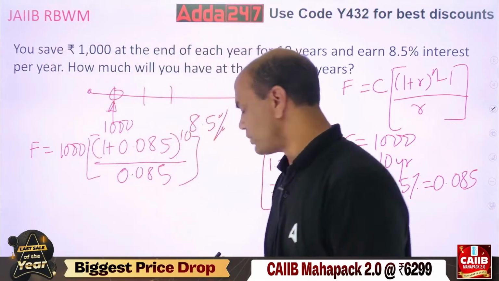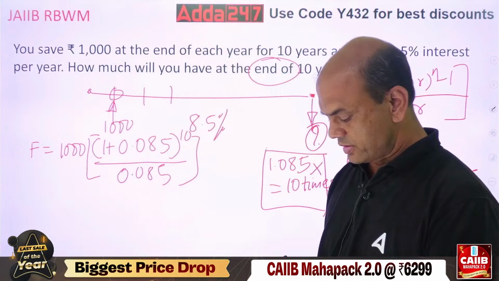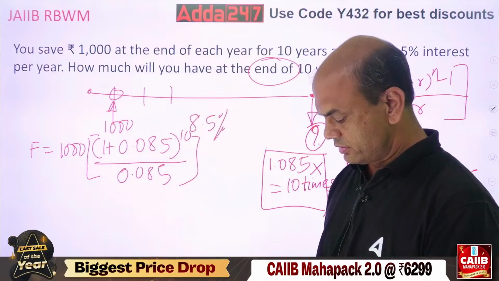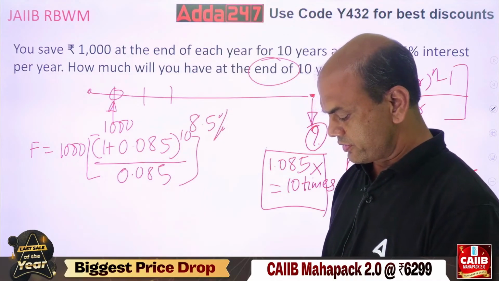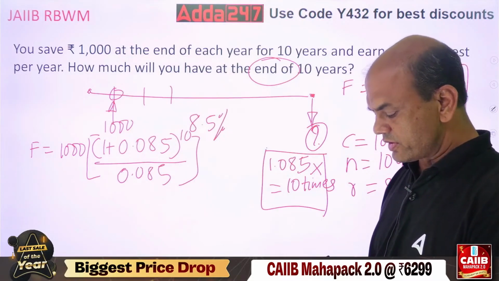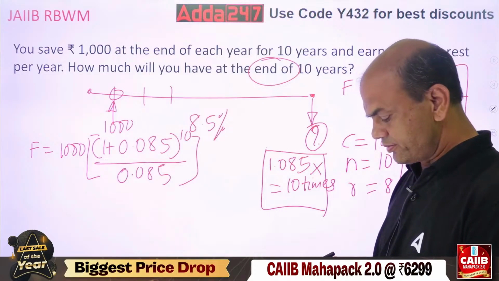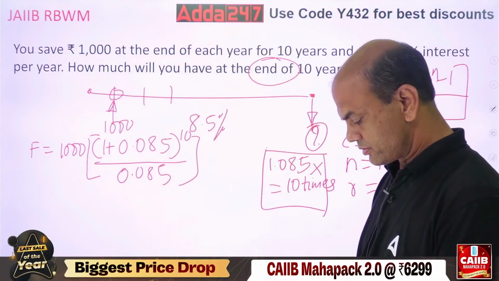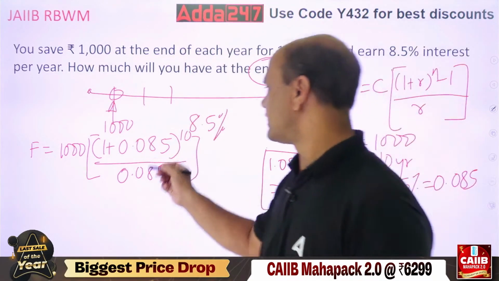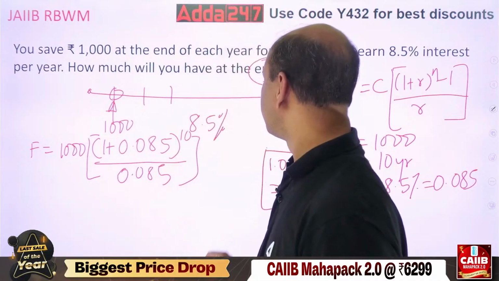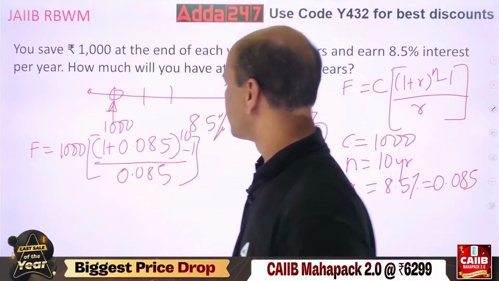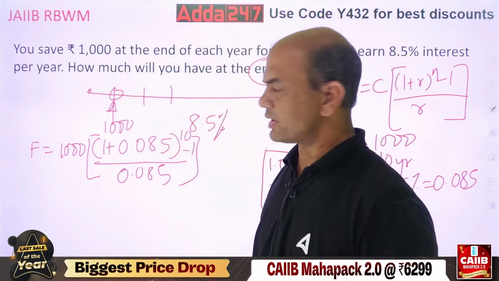Let's see. 1.085, into equal to, do it 10 times. So what are you getting? Are you getting this answer as minus 1? Did I write it? Minus 1 was remaining.